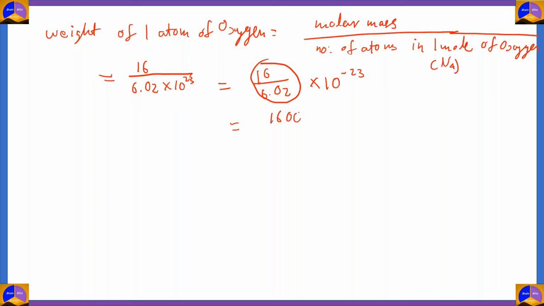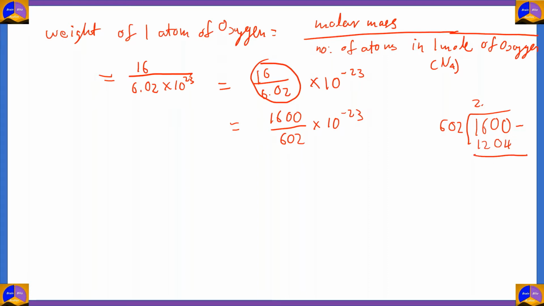So we'll get 1600 divided by 602 into 10 raised to minus 23. So let's do the division. 1600 by 602. So 600 times 2 is 1200. 600 times 3 is 1800. So let's take 2. So 1600 minus 602 times 2 is 1204.